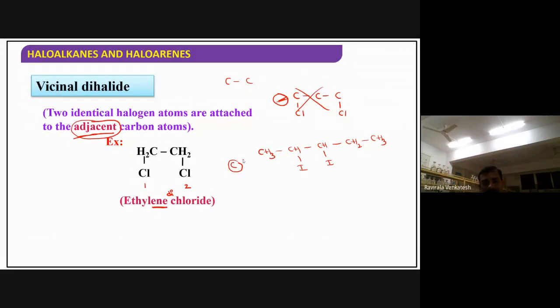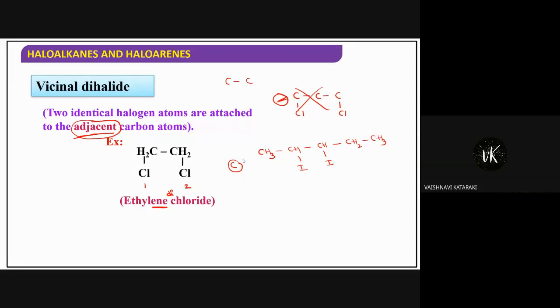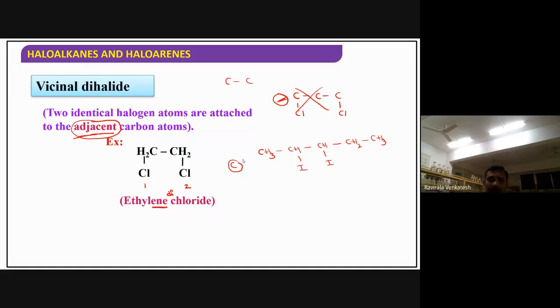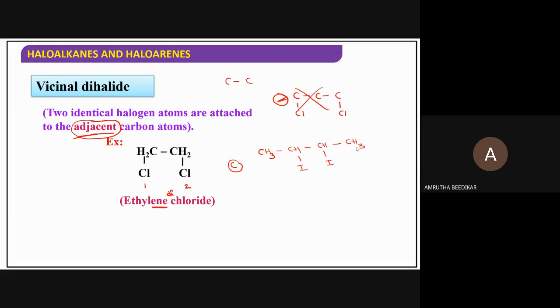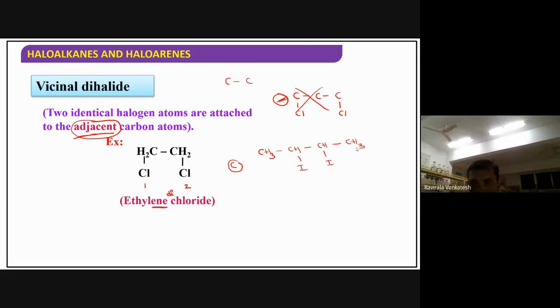Anybody? Pentylene iodide. Very good. Total number of carbons are 5. So pentylene diiodide. If you don't write this one, butylene diiodide. Okay.